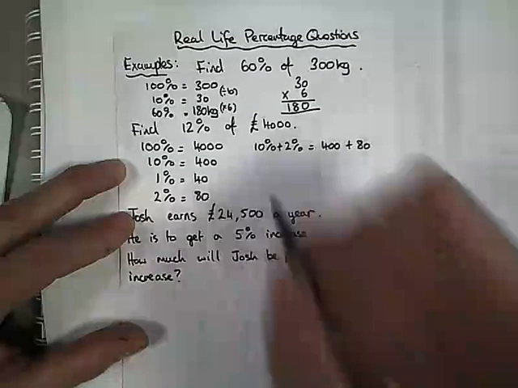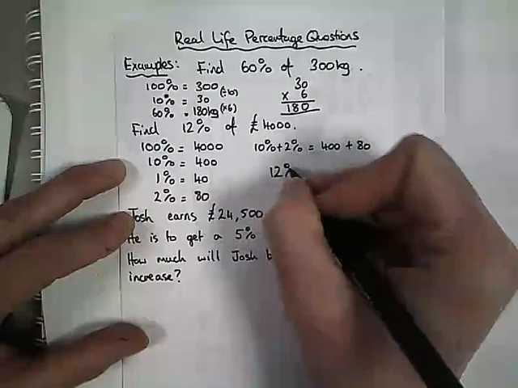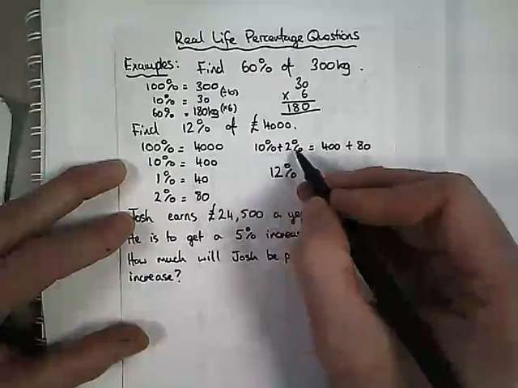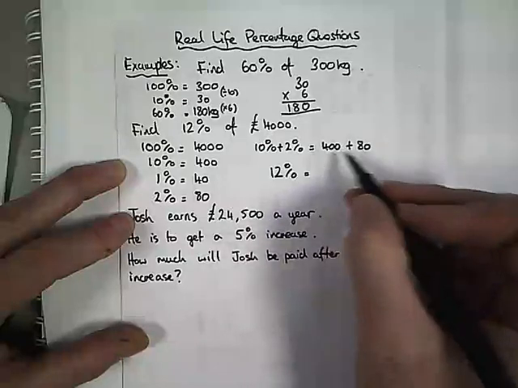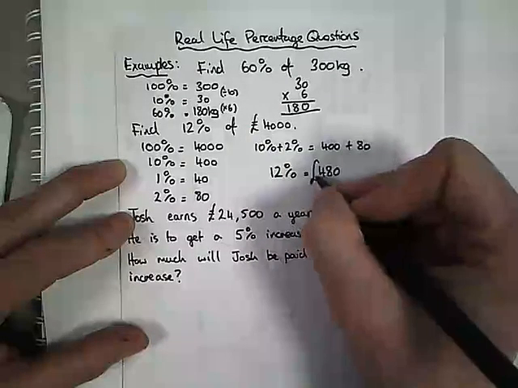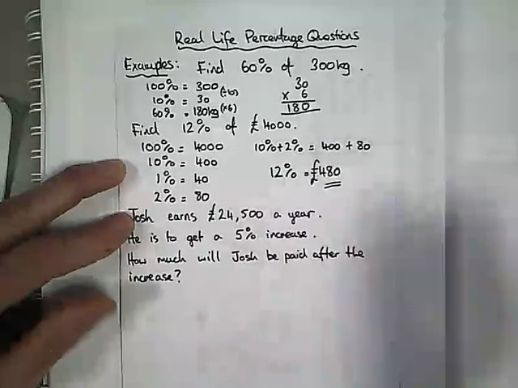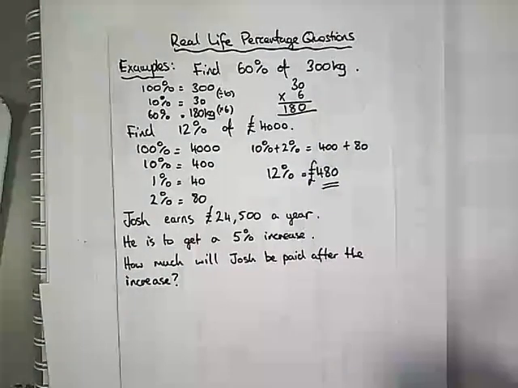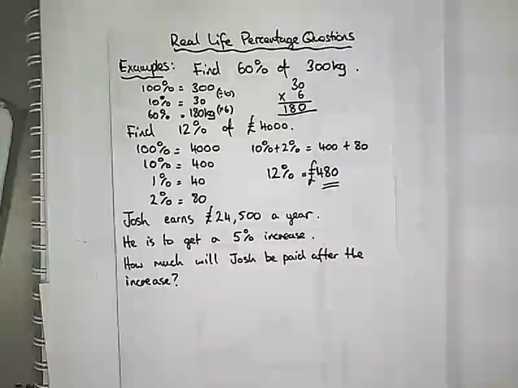So therefore my 12%, because 10 plus 2 is 12, is 480. And this is pounds, so let's put a pound sign. And that's how you do that. So when we're finding a percentage of an amount, break it down into small chunks and then add all those small chunks together. Do your best with that.